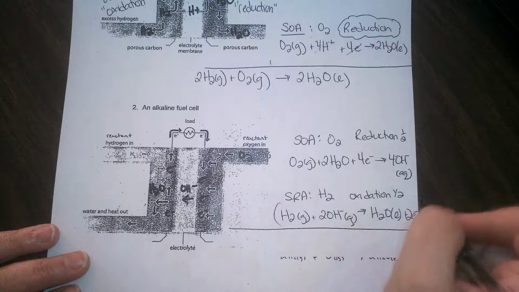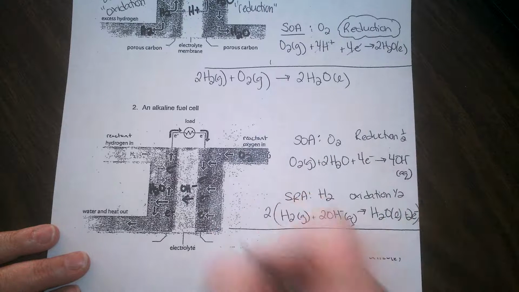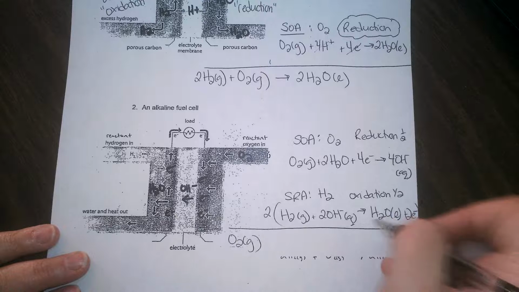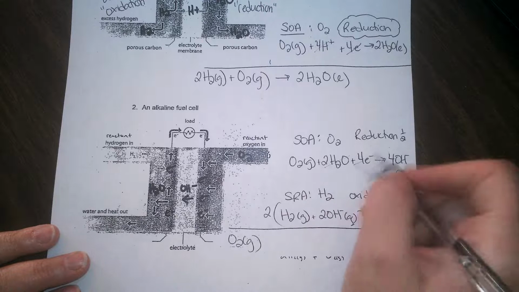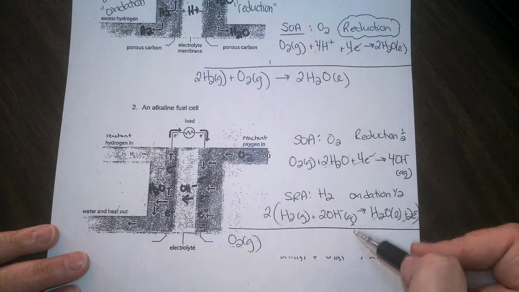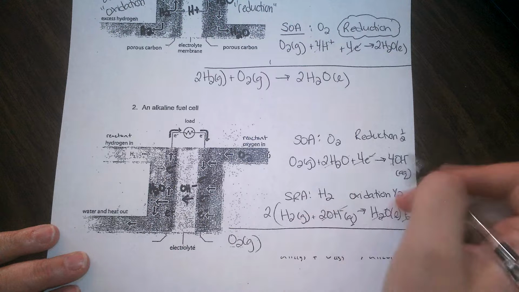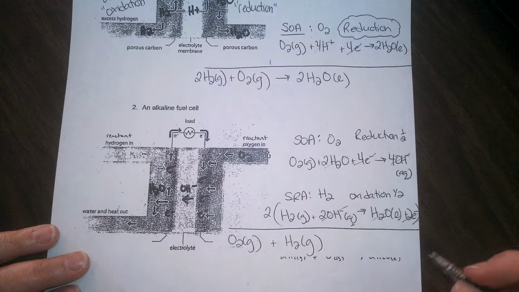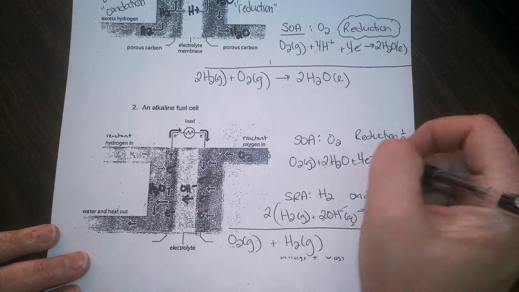Times the bottom one by 2 to balance out your electrons. I see that I have water here, so my waters are going to cancel out, my electrons are going to cancel out, and my hydroxides are going to cancel out. Hang on, I got to be left with something. This should have been a 2.